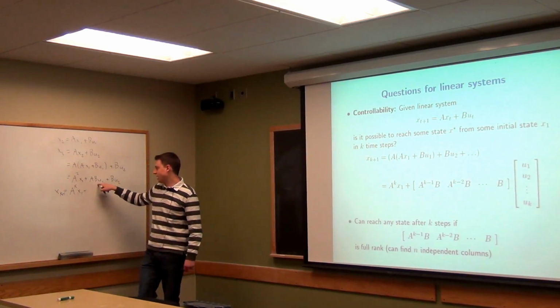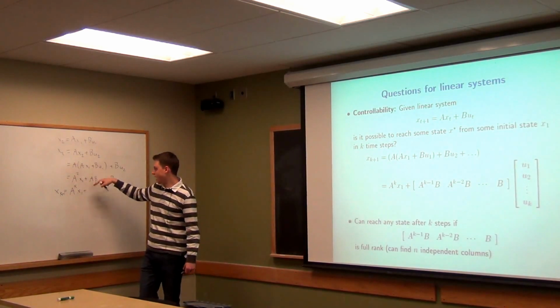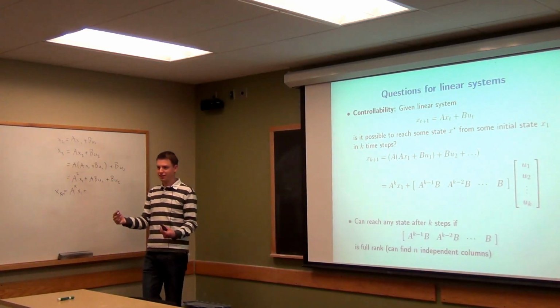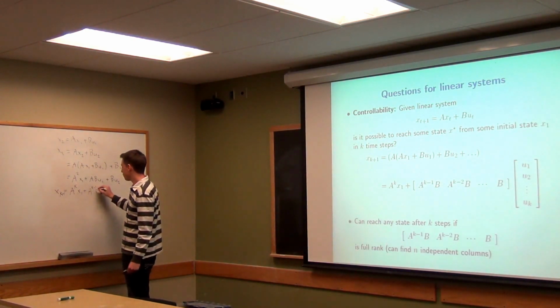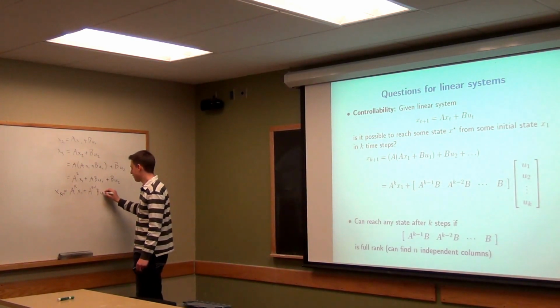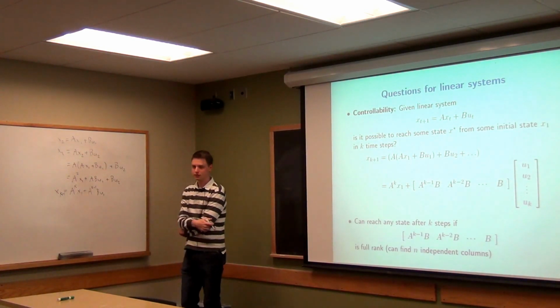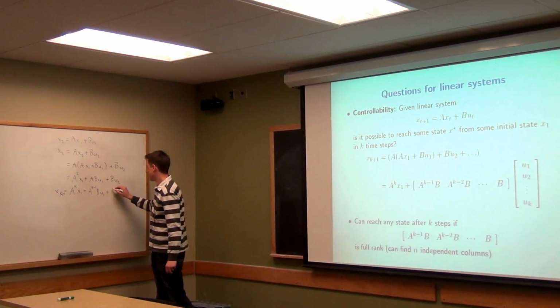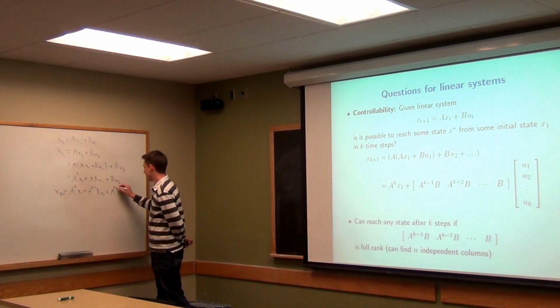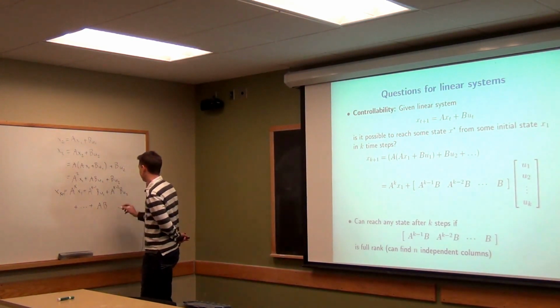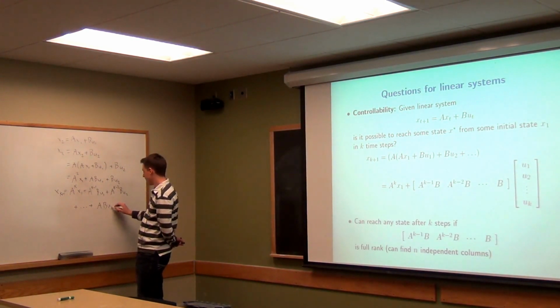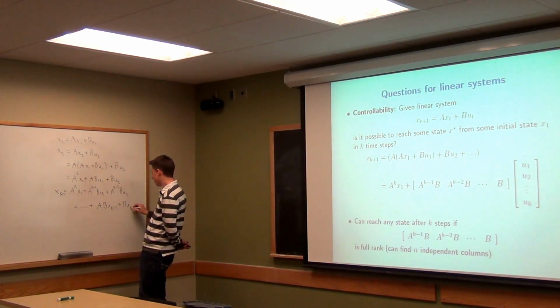You'll have taken this b u and applied A k minus 1 times, so this is going to be A^(k-1) b u1 plus A^(k-2) b u2 plus dot dot dot A b u_(k-1) plus b u_k.